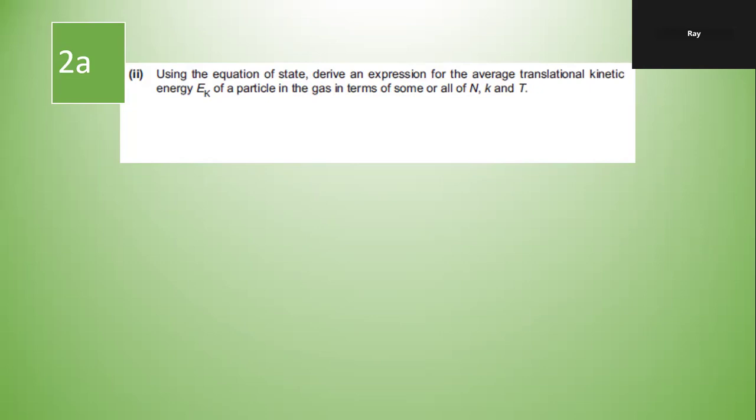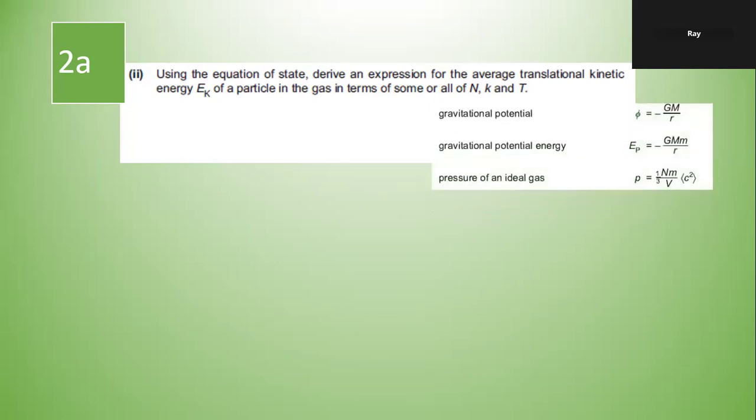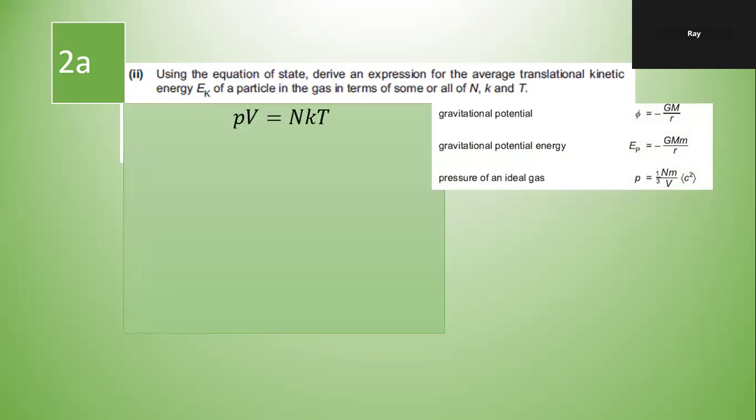What two equations? PV equals 1/3 N m mean square c squared, first one, and then PV equals NkT, second one. Then the kinetic energy equation.